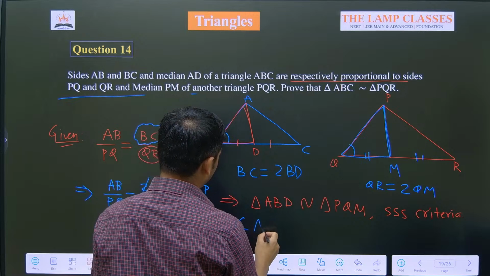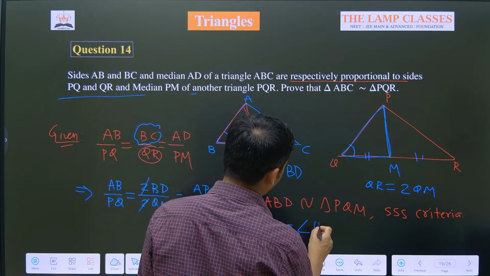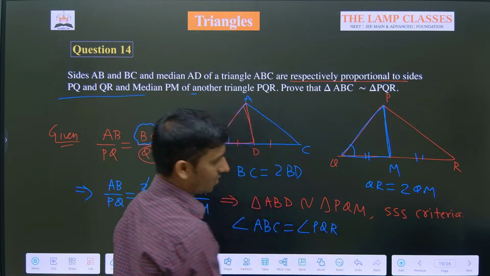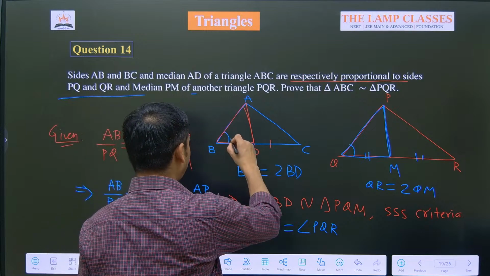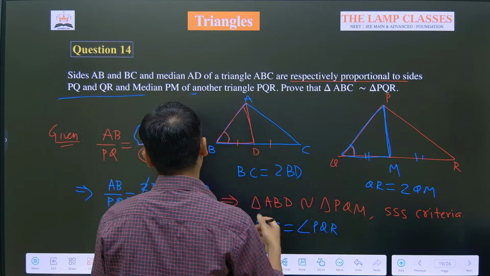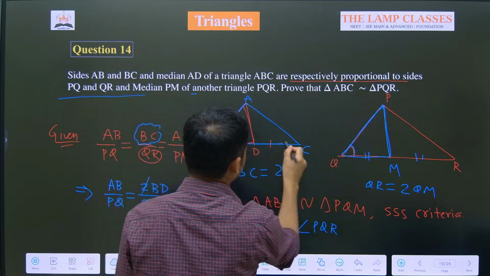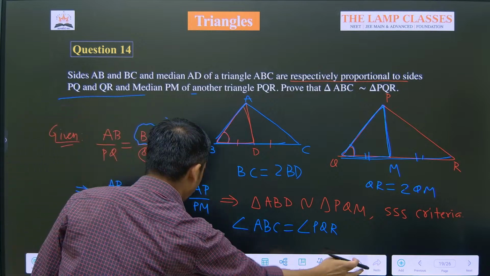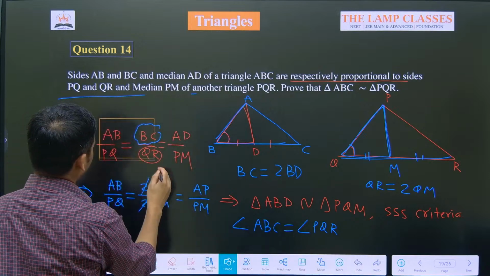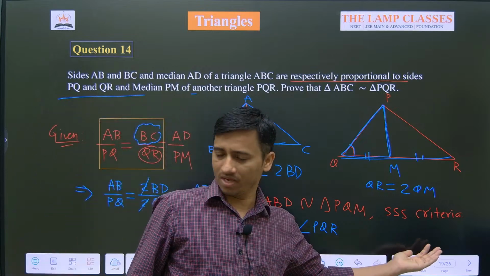Can we say angle ABC is equal to angle PQR? Is that all right? So we proved this angle and this angle are equal. And was it given this side upon this side is equal to this side upon this side? It's already given, right? So isn't SAS criteria being fulfilled here?